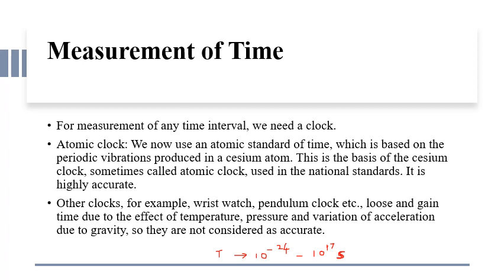Other clocks, for example a wristwatch or pendulum clock, lose and gain time due to the effect of temperature, pressure, and variation of acceleration due to gravity, so they are not considered accurate. What is the range of time we are able to measure? 10 power minus 24 seconds to 10 power 17 seconds. This is the range of time.